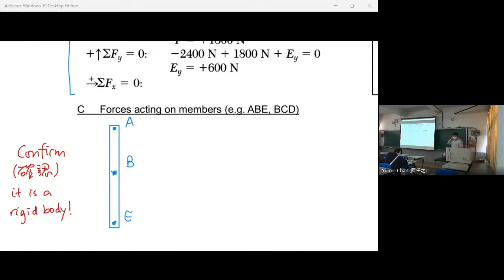So here first of all we have EX and EY that we have solved. EX is equal to 0 and EY is equal to 600 newtons.